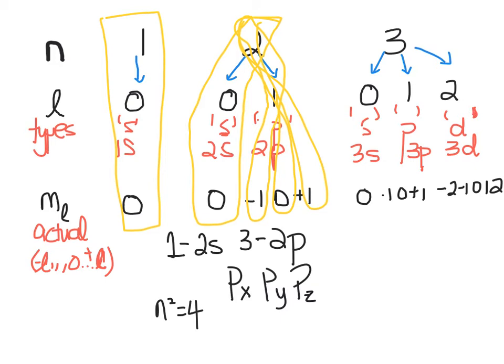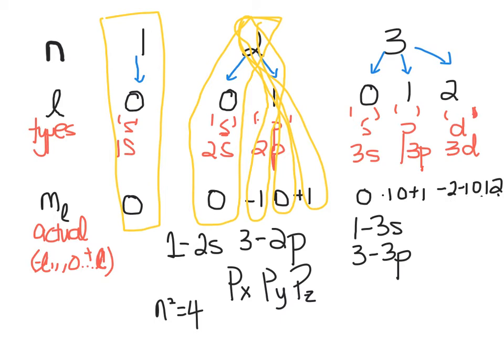Now, if we look at n equals 3, we've got one 3s orbital, we've got 3 3p orbitals, and each one of these values is an actual orbital.